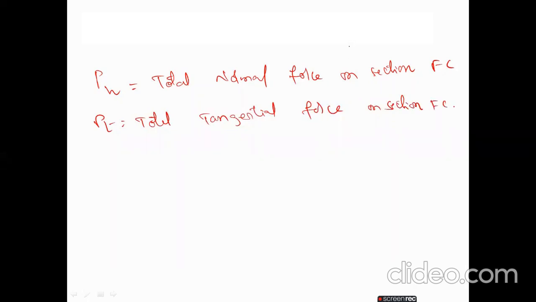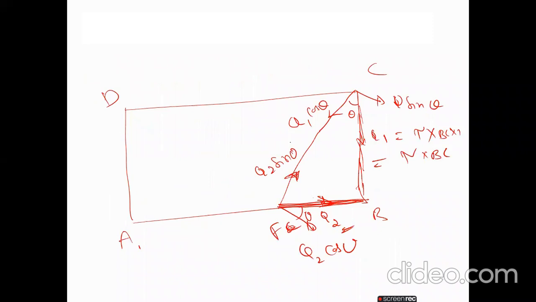So Pn is the normal force, Pt is the tangential force. Now the force Q1 is acting along CB. This force is resolved into two components, that is Q1 cos theta as well as Q1 sin theta, along the plane CF and normal to the plane CF.